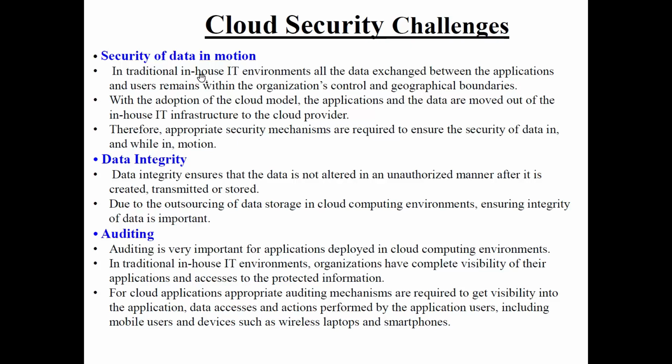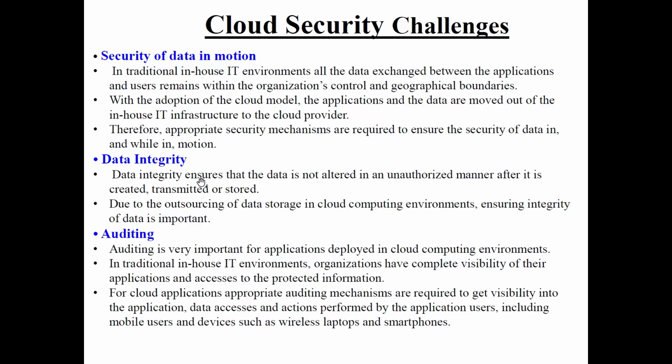In a traditional in-house IT environment, all the data exchanged between the application and the user remains within the organization's control and geographical boundaries. However, in a cloud computing environment, applications and data are moved out of the in-house IT infrastructure to the cloud provider. Therefore, appropriate security mechanisms are required to ensure the security of data while in motion.